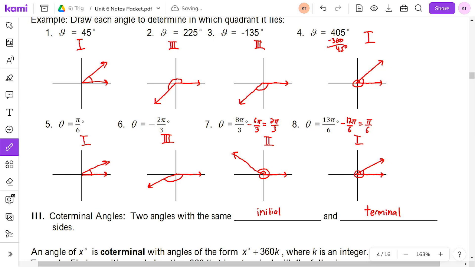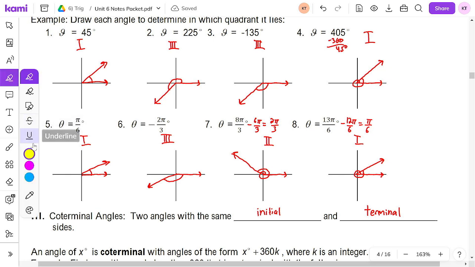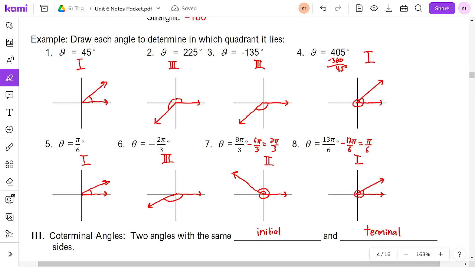So if I look above and see what coterminal angles I have, I see that angles 1 and 4 start and end in the same place. The only difference is that angle number 4 made one full rotation around. Angles 2 and 3 are also coterminal.